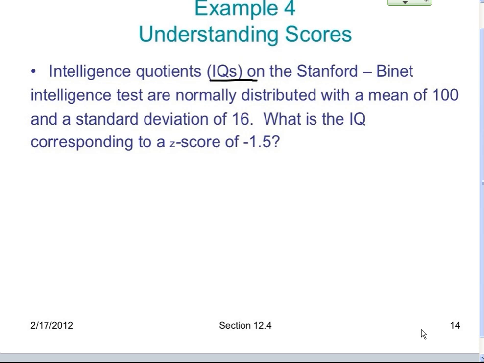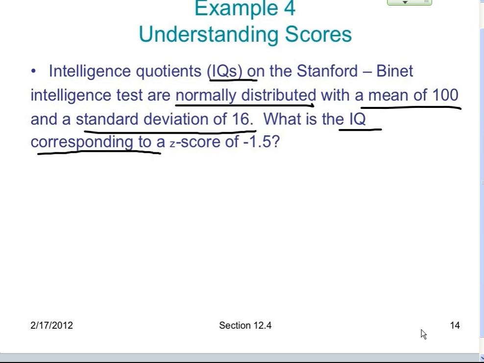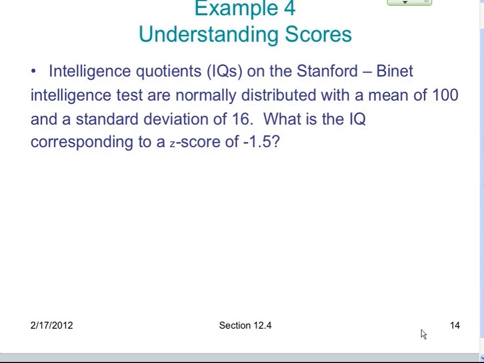IQs are normally distributed with a mean of 100 and a standard deviation of 16. What is the IQ corresponding to a z-score of negative 1.5? So we're trying to find the data item this time. I'm giving you the z-score, and we need to find the data item. So remember the formula.